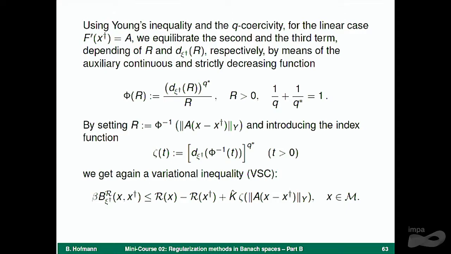Here I have written it only for the linear case, such that you get such a inequality. Here this rate function comes from the distance function, from this auxiliary function, and from this q, which is in the coercivity of the functional. A little bit technical.